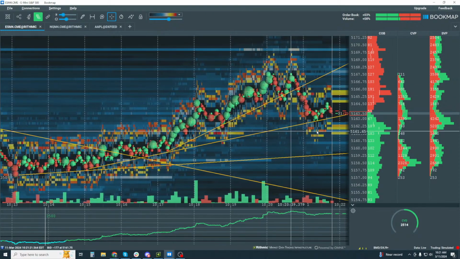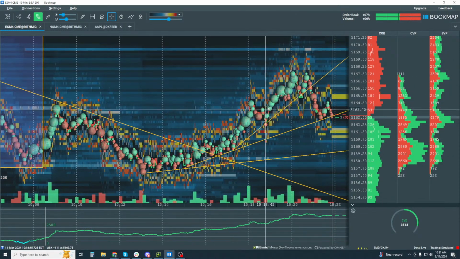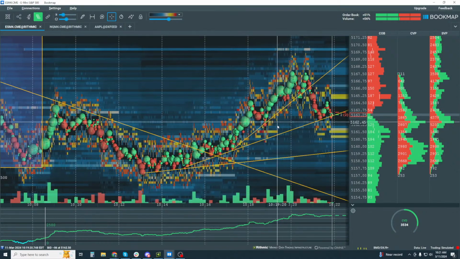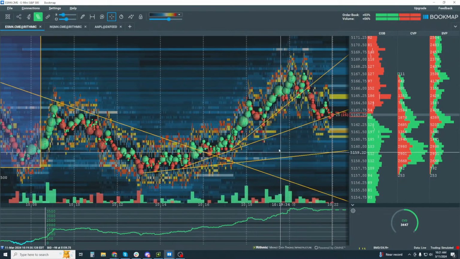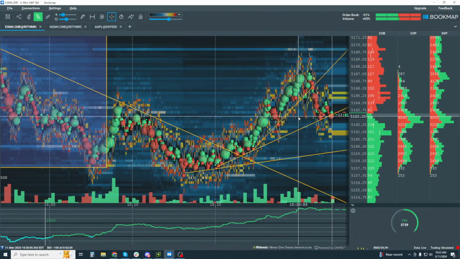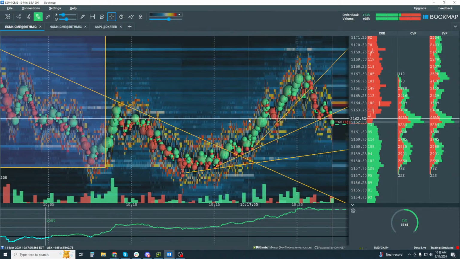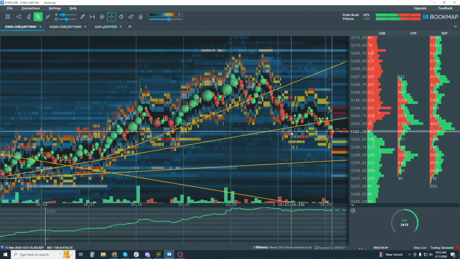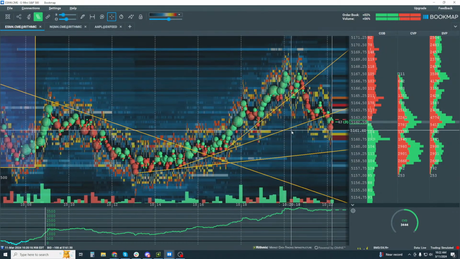So anyway, just going through again: volume, order flow, and price structure. Order flow is looking pretty strange in here today due to the rollover period. A lot of people don't like to trade during the rollover period, and that totally makes sense to me.